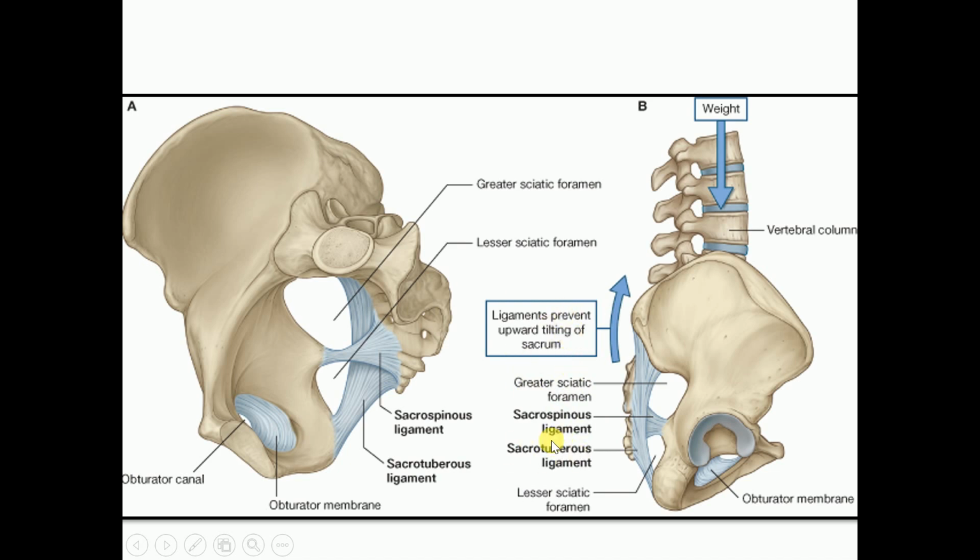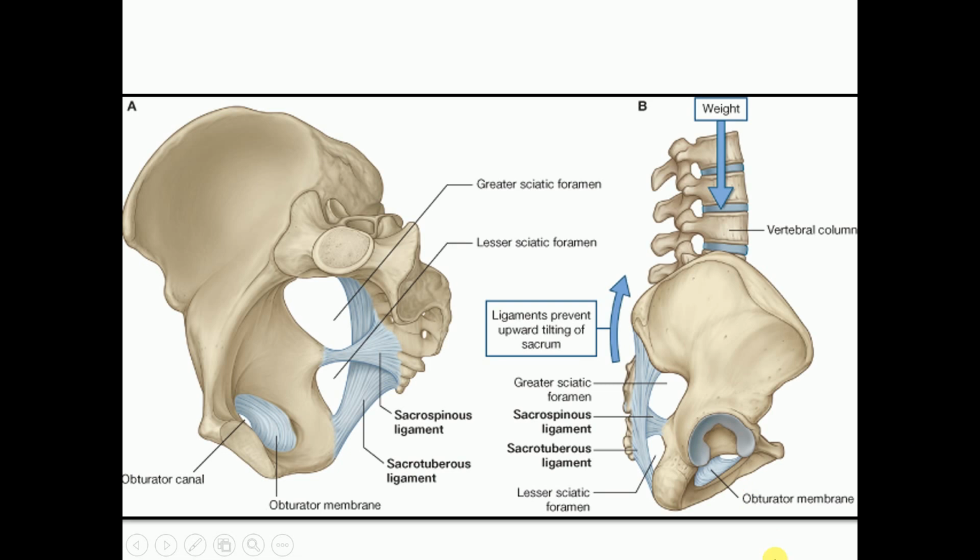Now, stability of the sacroiliac region. The sacrum hangs from the sacroiliac joint, forming the posterior wall of the pelvis. Now body weight tends to cause forward rotation of the upper end of the sacrum as well as concomitant backward rotation of the lower end. The ligaments which resist the forward rotation of the upper end of the sacrum are the intraosseous sacroiliac ligament, posterior sacroiliac ligament and iliolumbar ligament.